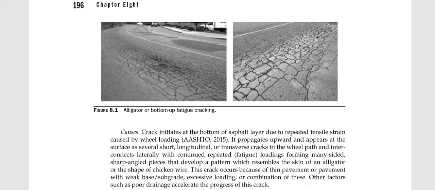This crack shows at the surface, but it started at the bottom of the asphalt. So if you just place a thin layer of asphalt on top, it will not help. That means the overlay, which you typically see when a pavement is deteriorated, your city agency, your DOT, whatever, applies a thin layer. That will not help this crack.